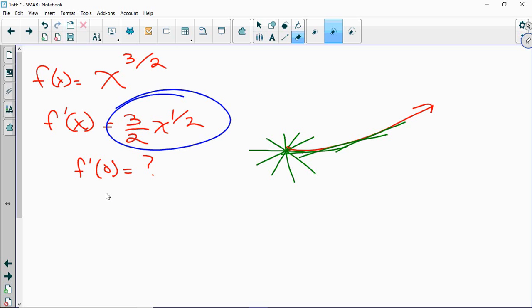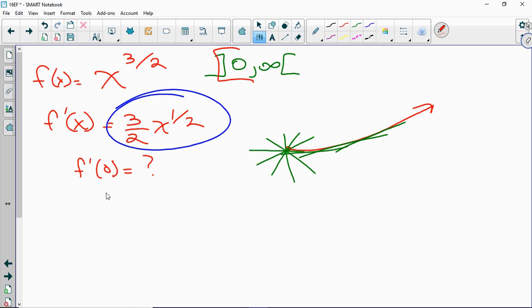So endpoints, we're going to say it's not differentiable. We'll describe functions as being differentiable on open intervals. This function is certainly differentiable on the domain 0 to infinity. It's just not differentiable at 0.